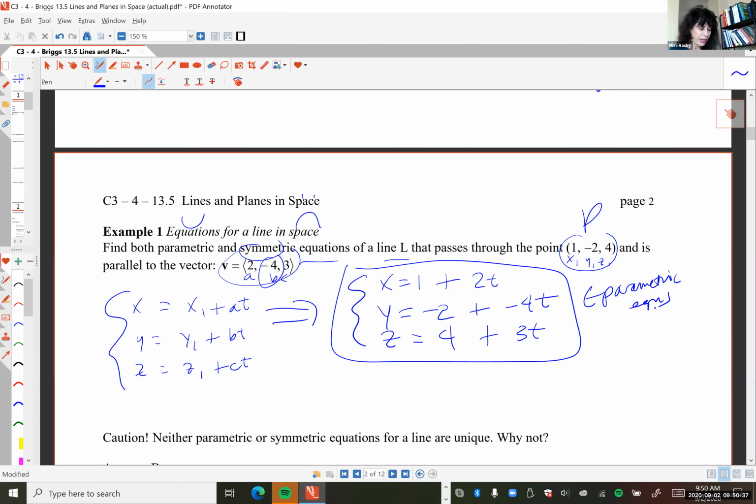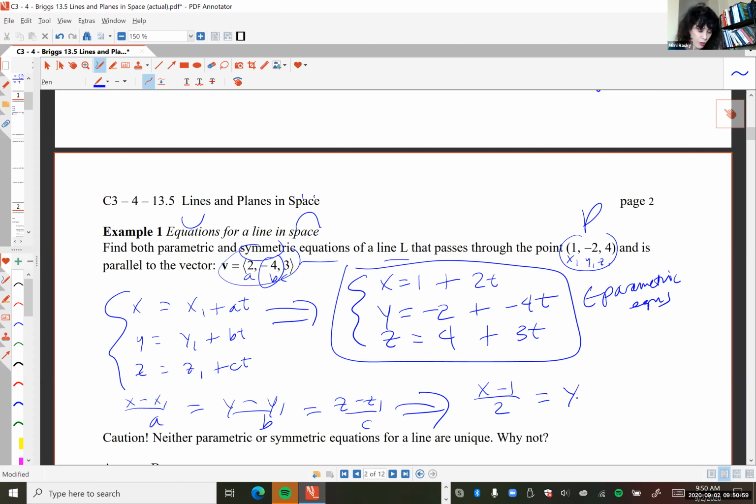Now what about the symmetric, which I hate? Well, symmetric is like a single big old equation where you have 3 expressions set equal to each other. So for us, it would look like x minus 1 over a, but a is 2.